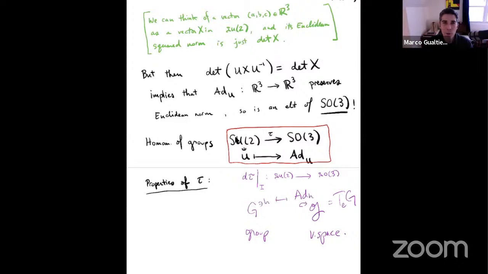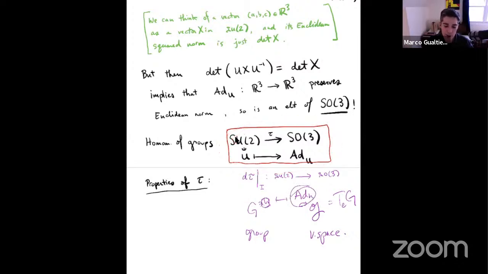So every group element defines a linear operator on a vector space, and that vector space is its own tangent space. And the point is that this is a representation. If you take the product of two group elements, you'll get the product of the two operators. That's what I'm describing here.